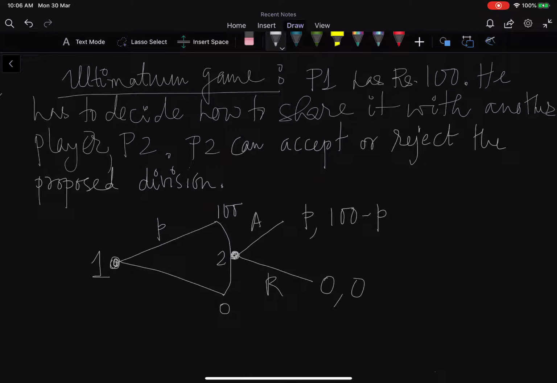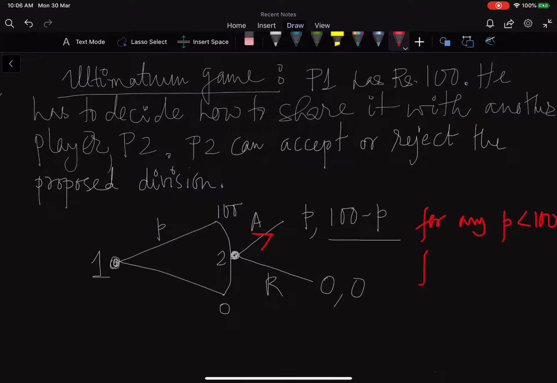So for any positive P, player 2's payoff is 100 minus P. As long as P is less than 100, this number is positive, so player 2 would choose accept for any P less than 100, which is a best response.